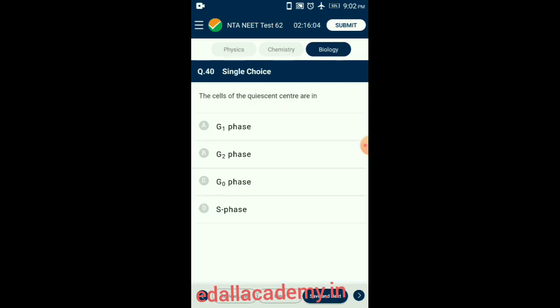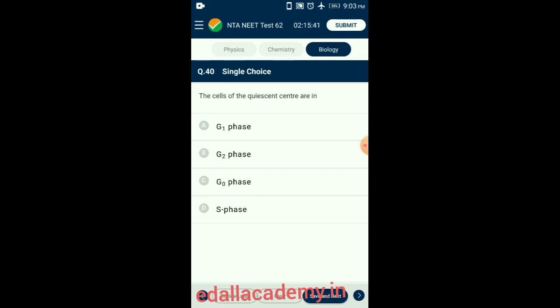Question number 40. The cells of the quiescent center are in... Some cells in adult animals do not appear to exhibit division. For example, heart cells and many other cells divide only occasionally, as needed to replace cells that have been lost because of injury or cell death.